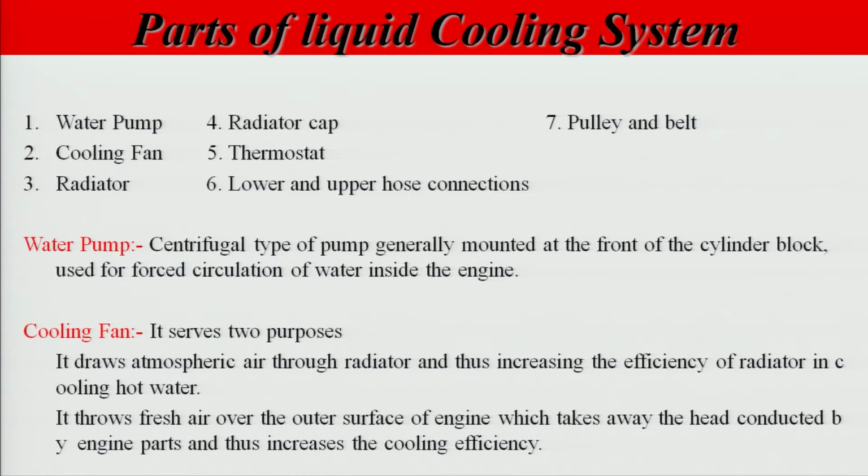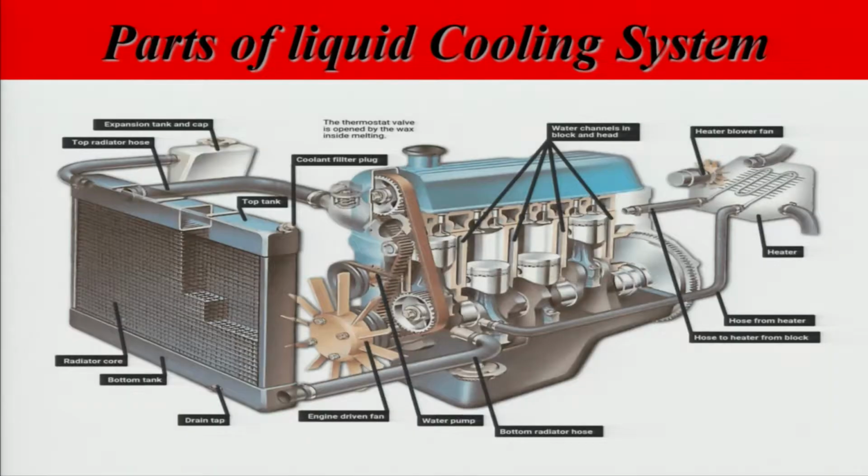So, it throws fresh air over the outer surface of the engine, which takes away the heat conducted by engine parts and thus increases the cooling efficiency. These are the parts of the liquid cooling system, you can see the different parts.